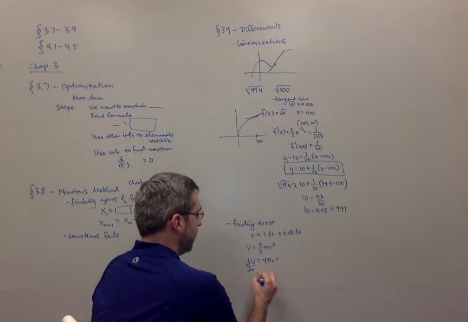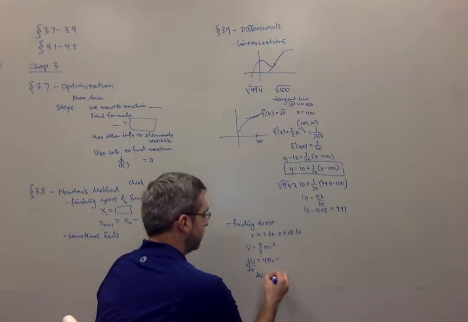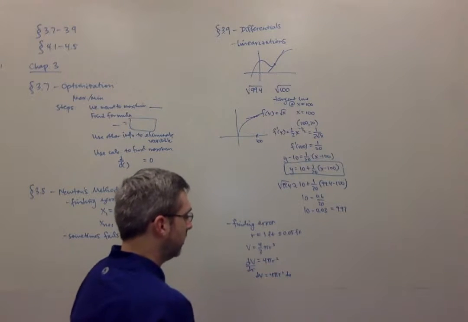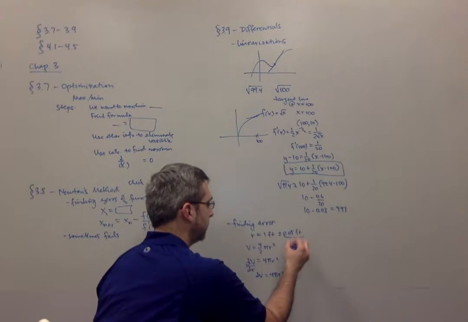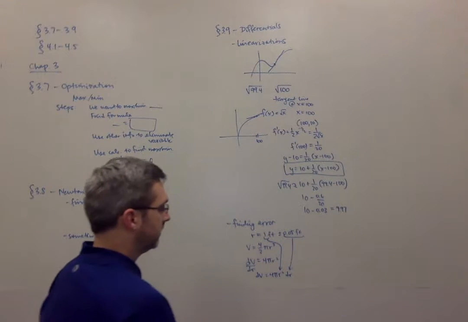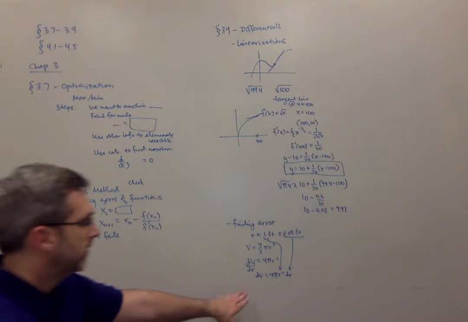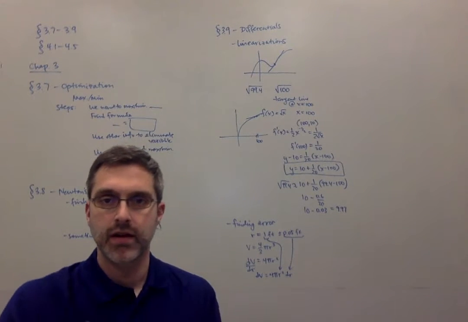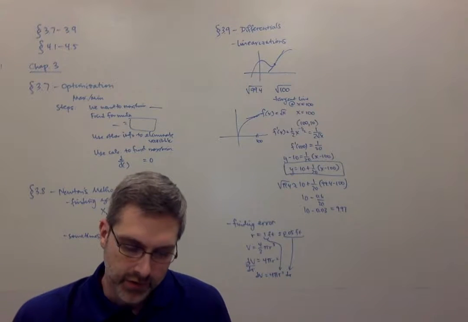So the error in the volume is going to be 4 pi r squared times the error in the radius. So what we can do is we can substitute our possible error in the radius and the actual value of the radius to get a possible error in the volume. And that allows us to accommodate for how far off the volume could be.